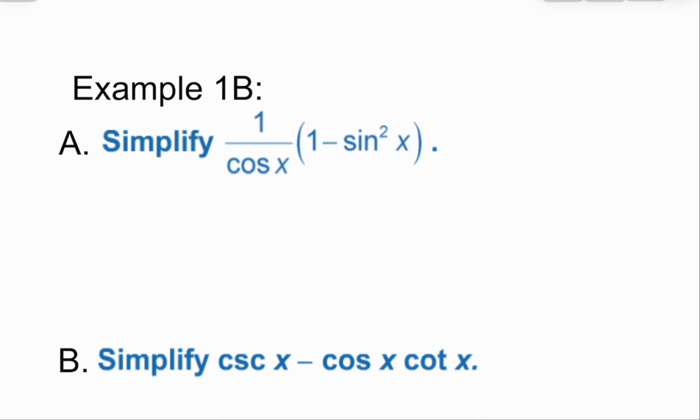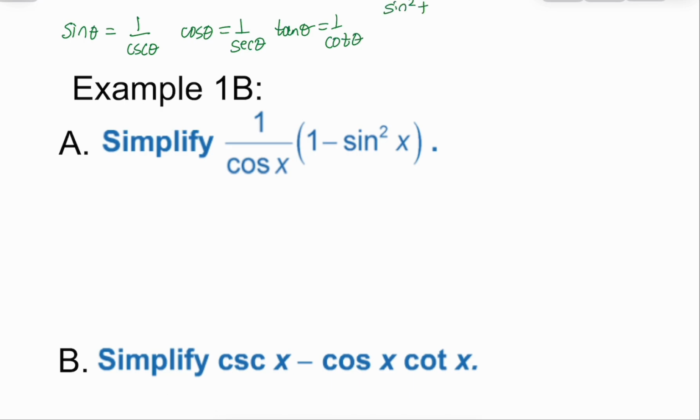Now, I'm going to write some of the facts along the top of our page. So sine is 1 over the cosecant. Cosine is 1 over the secant. Tangent is 1 over the cotangent.